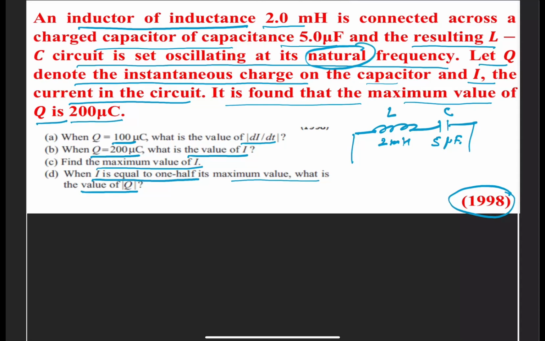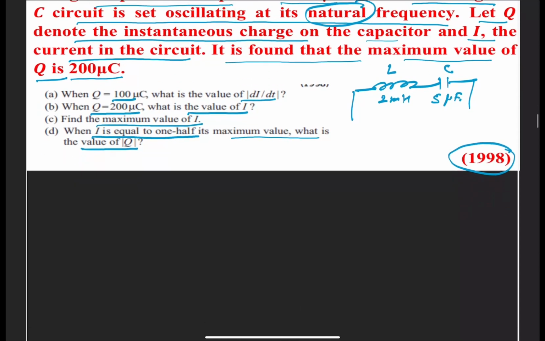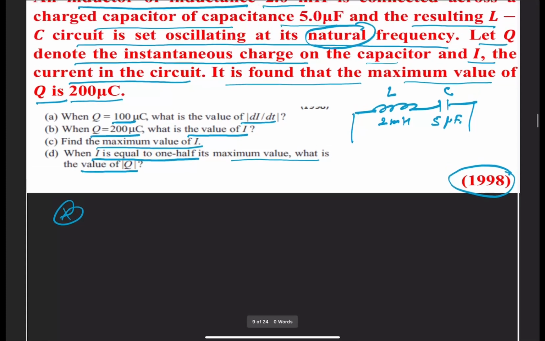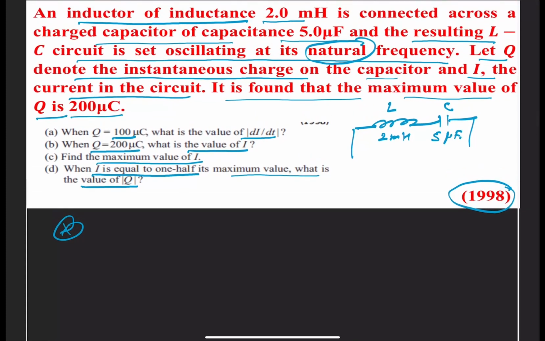So the natural frequency will be our omega, and omega will be equal to 1 upon square root of LC. In this case, one is an inductor and another is a capacitor, so there will be continuous oscillations between charge as well as current.